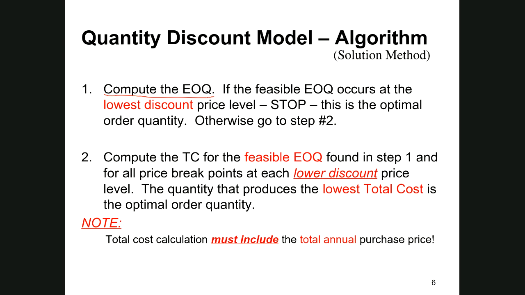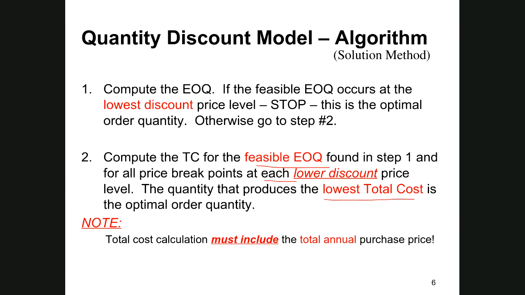Once we know this, if that's at the lowest discount level, then we stop. We're done. If not, go to step 2, where we compute the total annual inventory cost for that EOQ, and then for every lower discount price, compute the total annual inventory cost and pick the one that produces the lowest total cost.